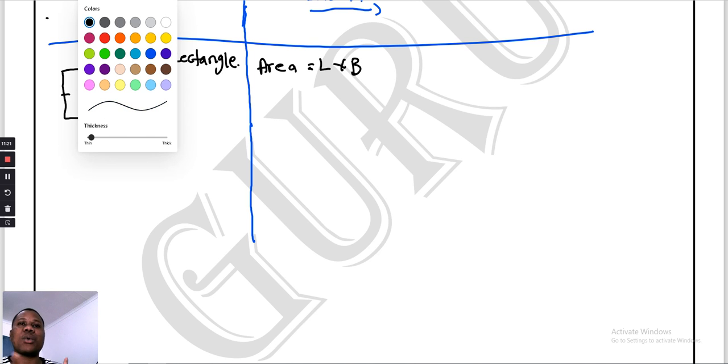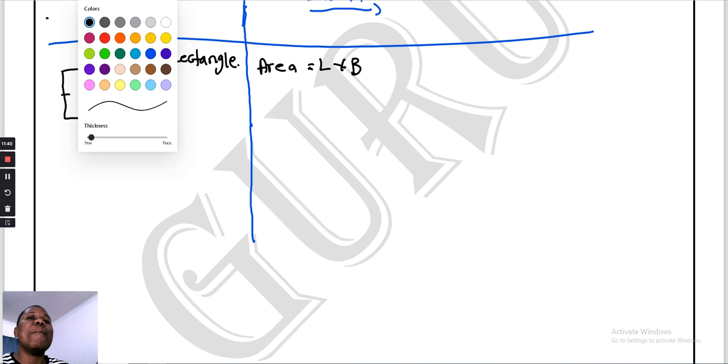Remember, with the square, you're only looking for one side. If you have one side, you can calculate the area. But with a rectangle, you cannot be given one side and then calculate the area.